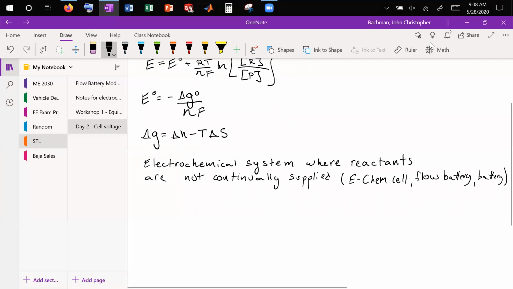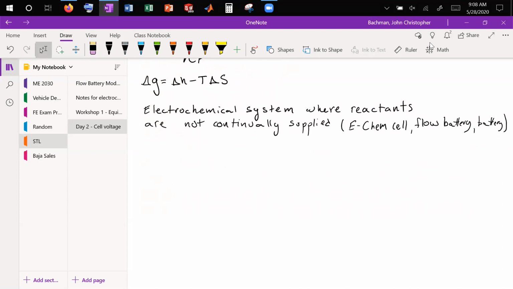There are probably two really common flow battery technologies out there. One's vanadium and one's iron chrome. I'm going to look at iron chrome since it's a simpler system. In this iron chrome flow battery, on one side you start off with a bunch of chromium 2 plus, and it's going to have acid, some H2SO4, sulfuric acid.